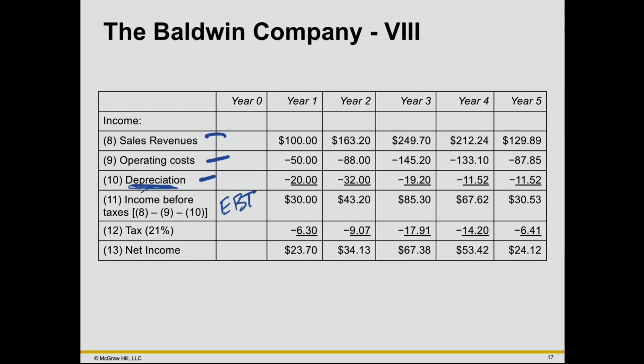But for the moment, we've got to have it in there because that reduces our tax burden. And that's a good thing. So we come up with an EBT of 30,000 here, and at a 21% tax rate, that means that we owe taxes in the amount of 6.3 thousand.